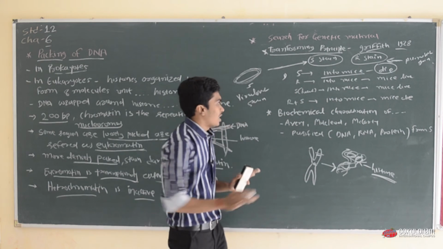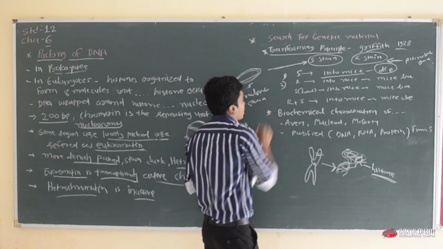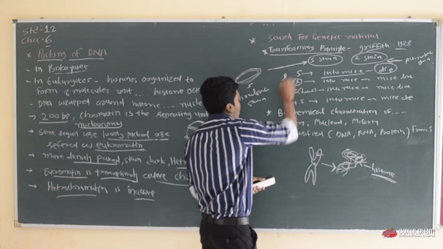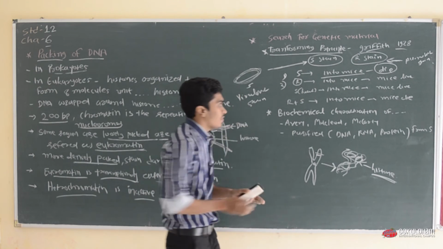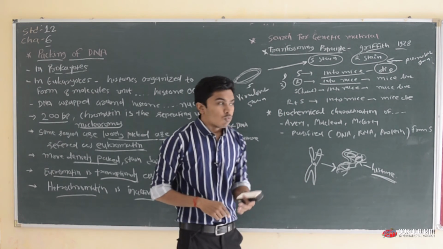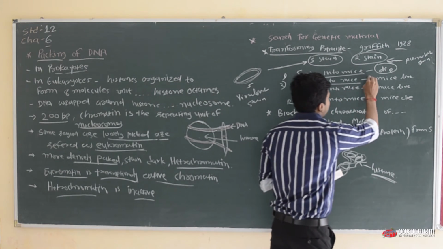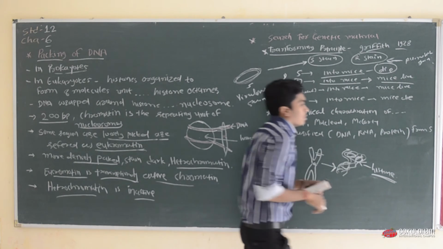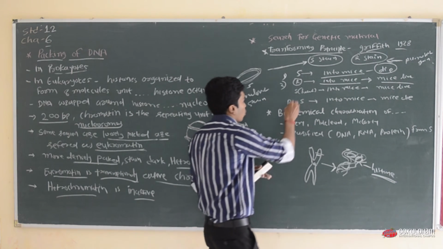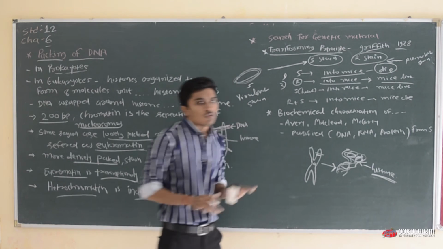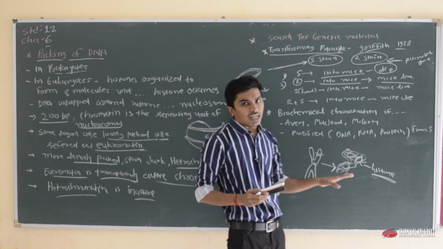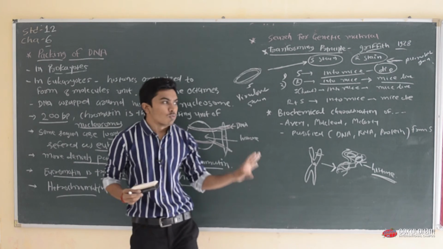Now he did another thing: he took the rough bacteria and introduced it into the mice. What is the result of this? The mice will live. We know that the rough strain does not produce pneumonia, so the mice live.